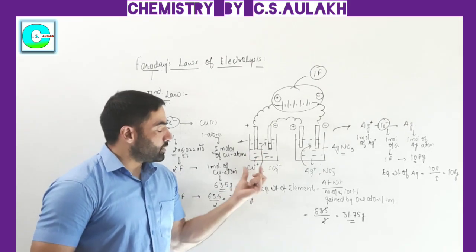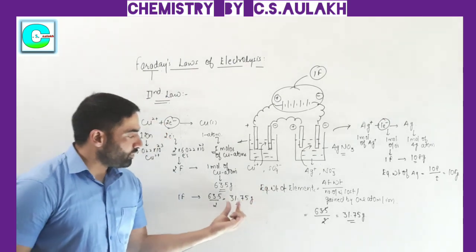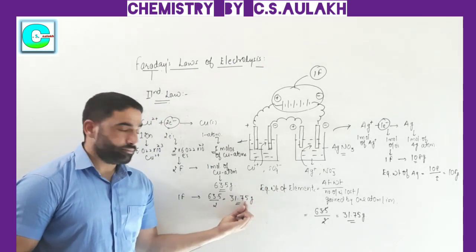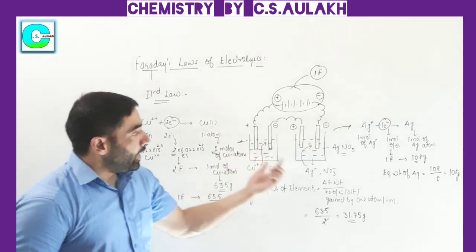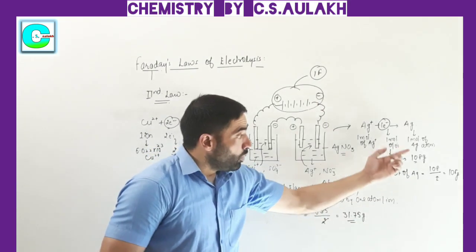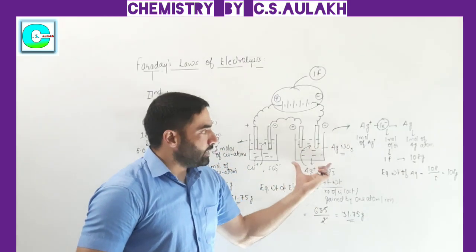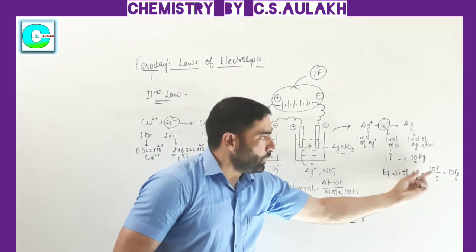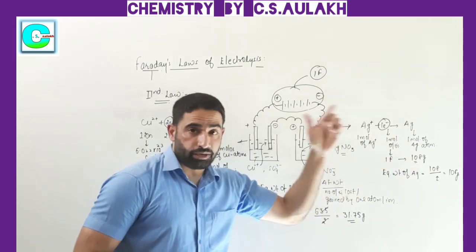So in the first case there was copper and there was a deposition of 31.75 gram, which is its equivalent weight, and with the same quantity of electricity there is a deposition of silver over the surface of the cathode in the second cell, which is also 108 gram, that is its equivalent weight.